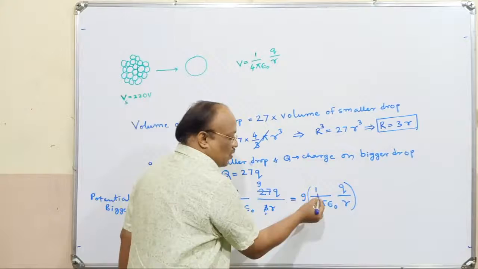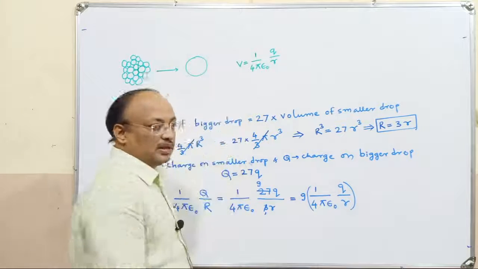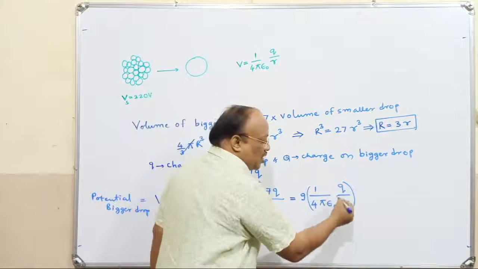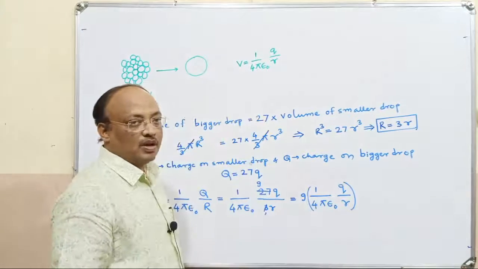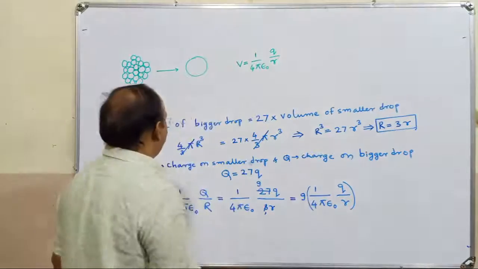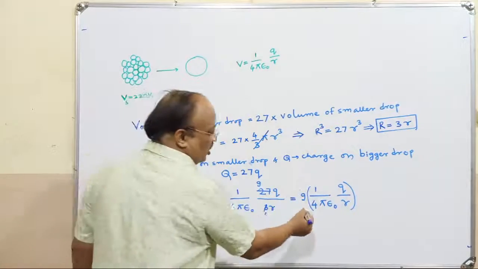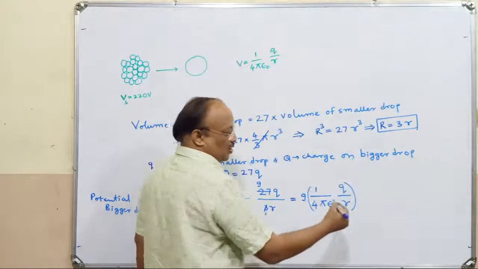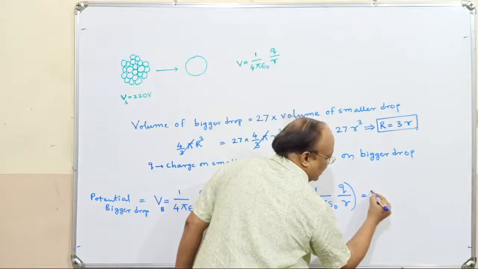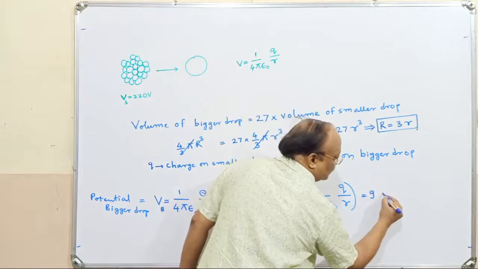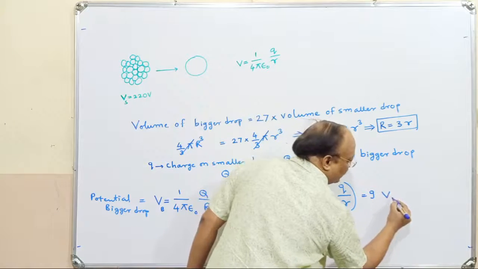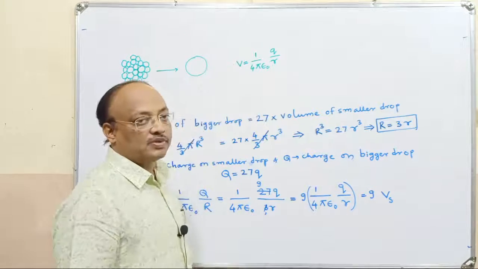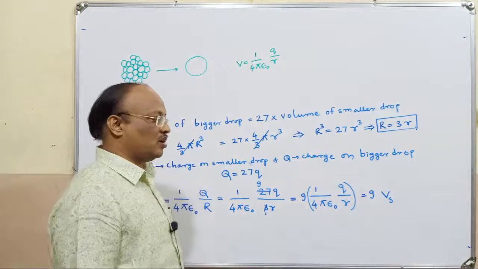What is this? 1 by 4 pi epsilon naught, charge of the smaller drop, radius of the smaller drop. This is nothing but our potential of a smaller drop. I can say it as 9 times the potential of a smaller drop.